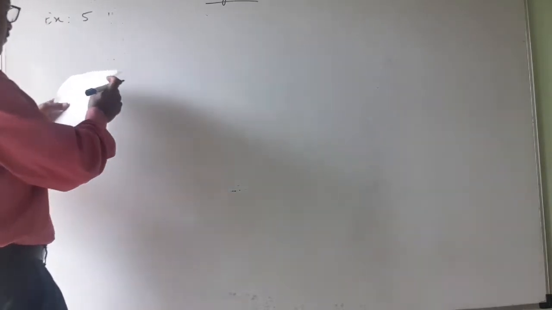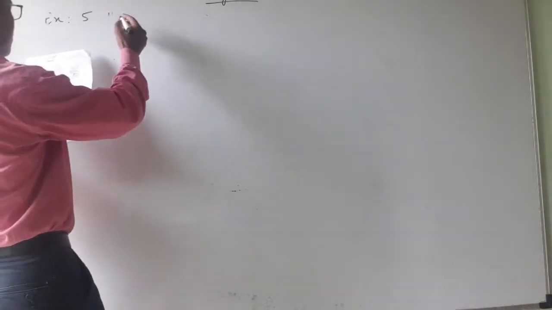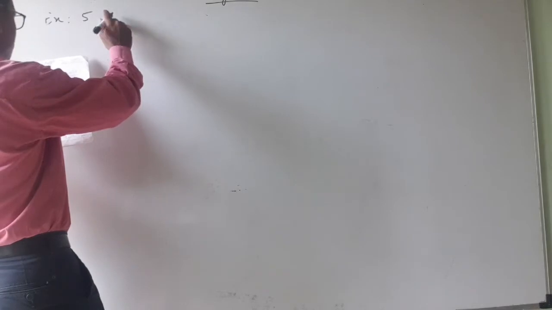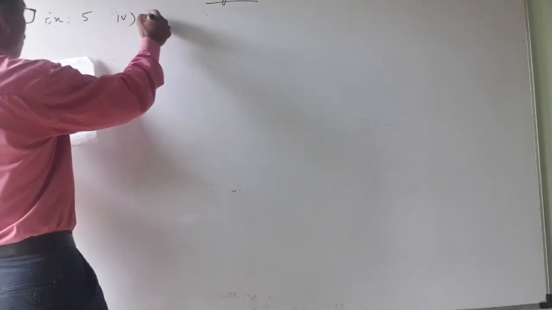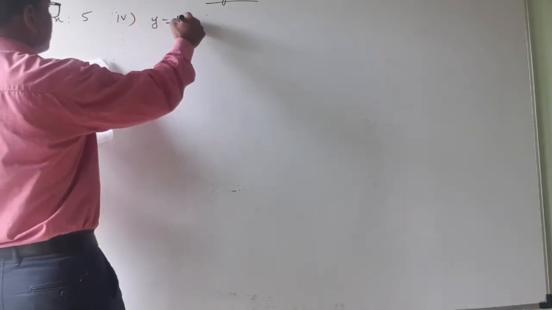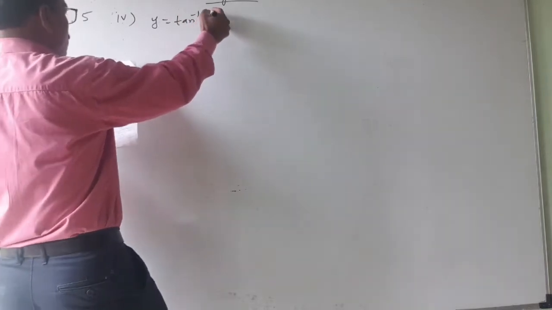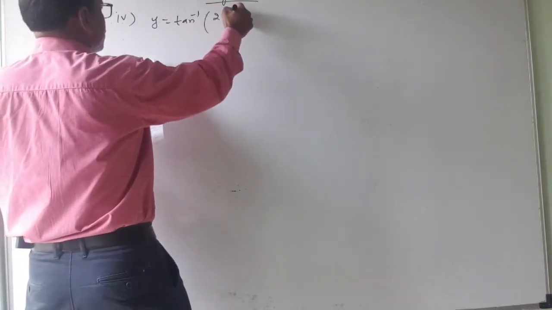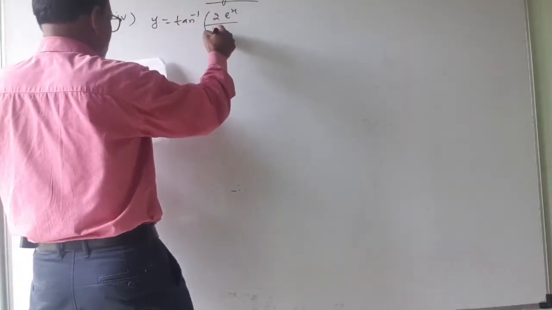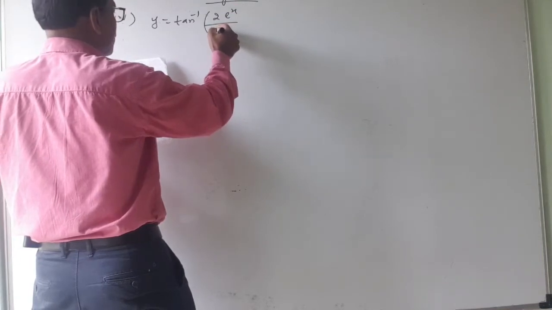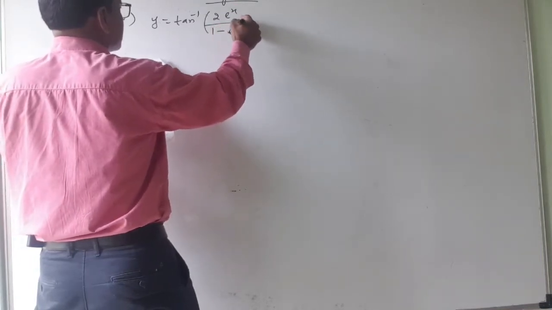So now the fourth sum is y is equal to tan inverse of 2 into e raised to x upon 1 minus e raised to 2x.